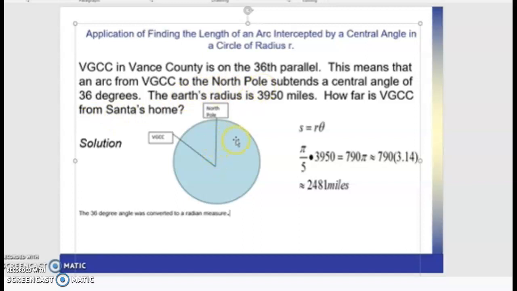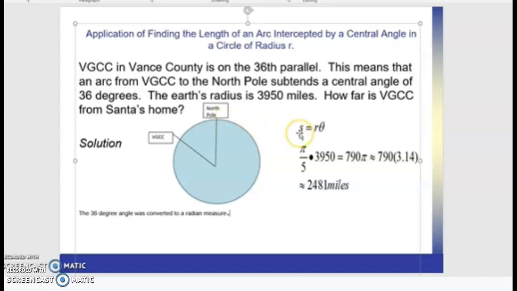Well, as you can see from the picture, to travel from Vance Granville Community College to the North Pole, taking a direct route, that trip would require traveling along an arc. So the distance from Vance Granville Community College to the North Pole is an arc length. So all we have to do is find the length of the arc.